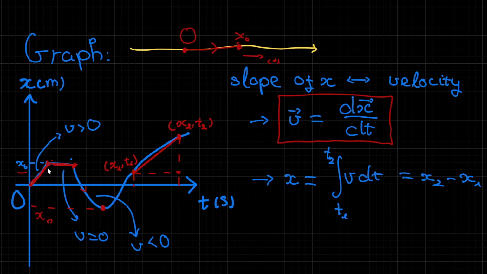Then we stay at the same position, so we remain here, and that makes the velocity 0.